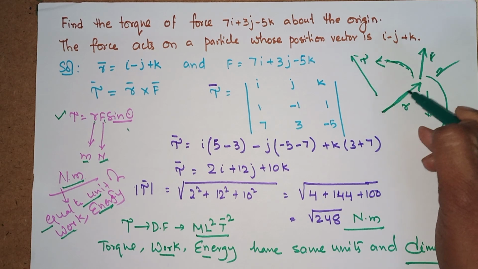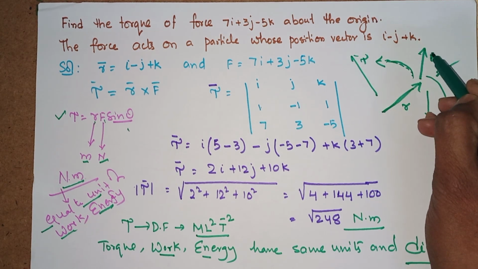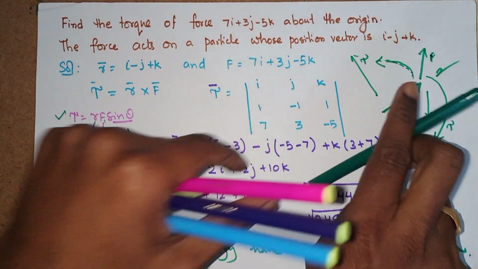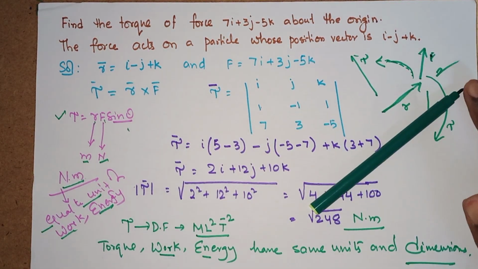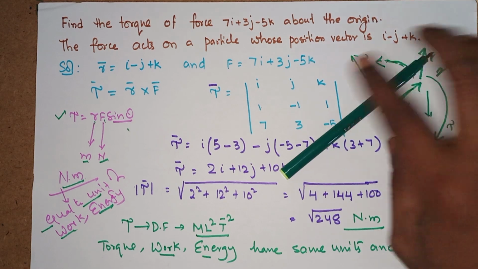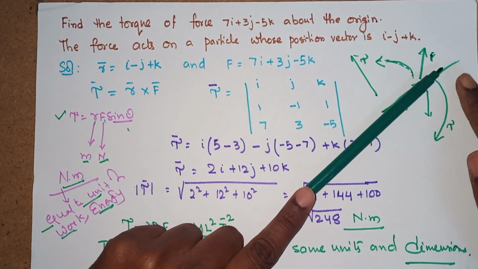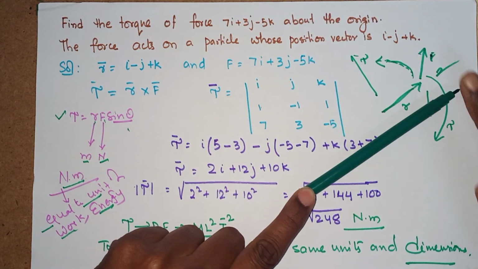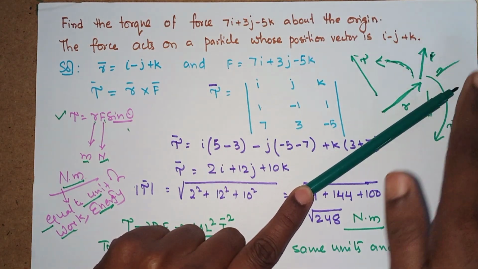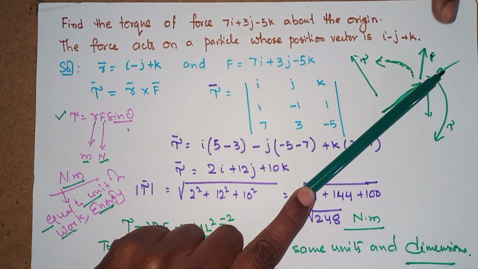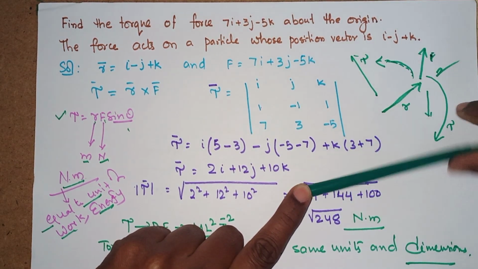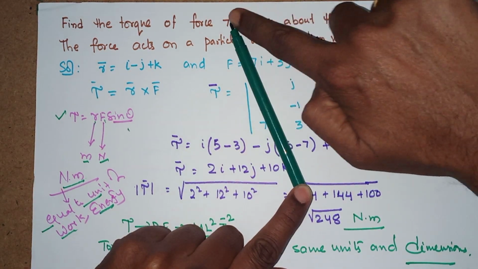Now how to define the direction of the torque? This is r vector, position vector. When you apply the force over here, then what happens? This wrench is there, you apply force on it. When you fix the wrench, now what happened? This is a rotation. So this is the force applied direction, now clockwise rotation. When you apply force over here, then this is called clockwise rotation, this is called anti-clockwise rotation.